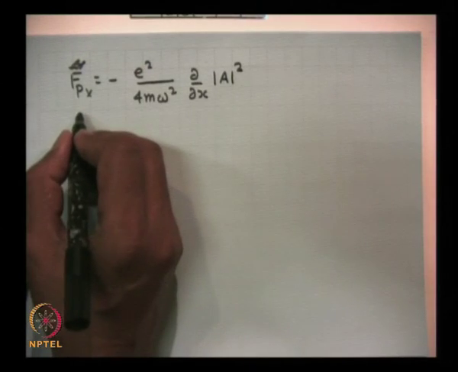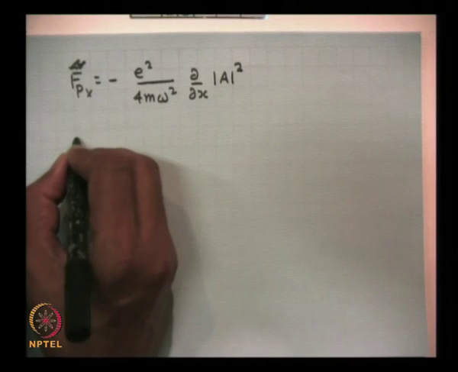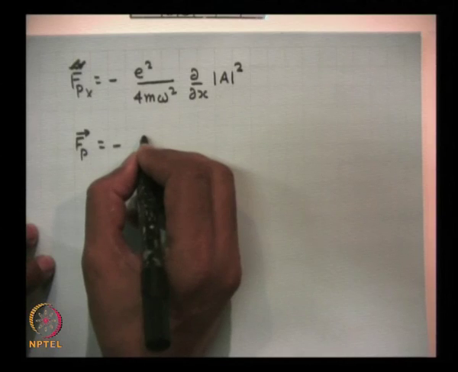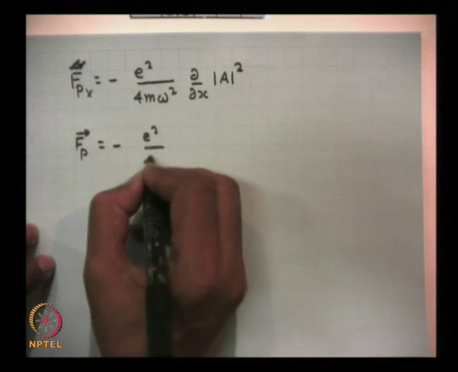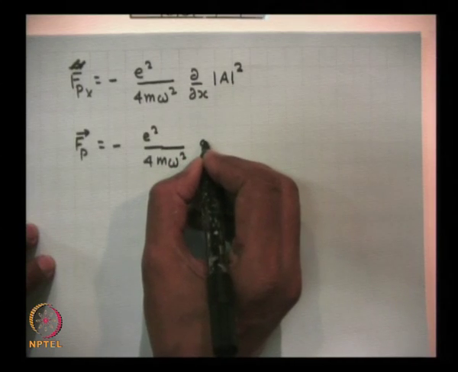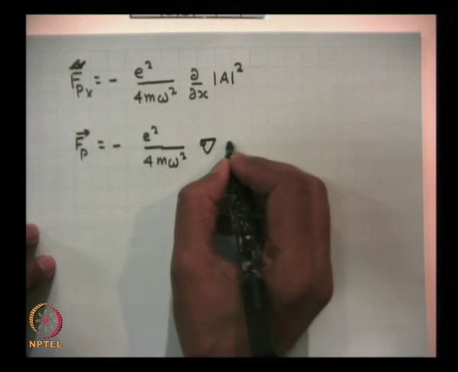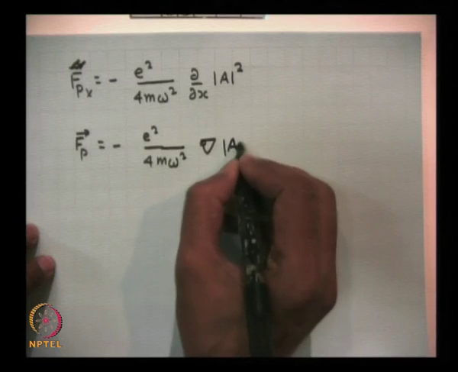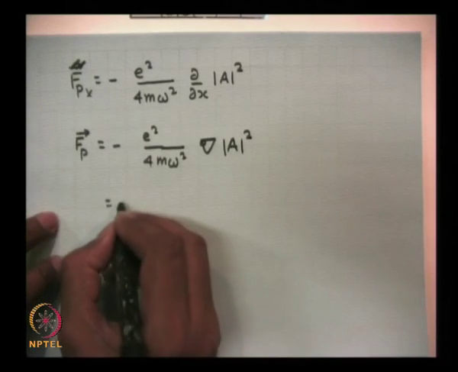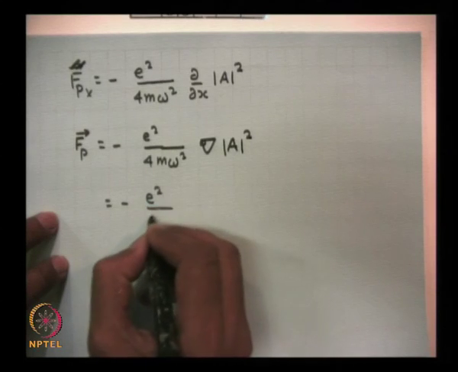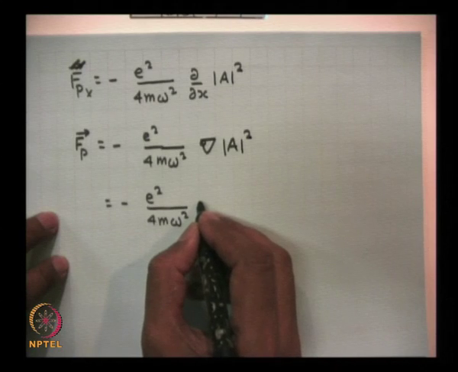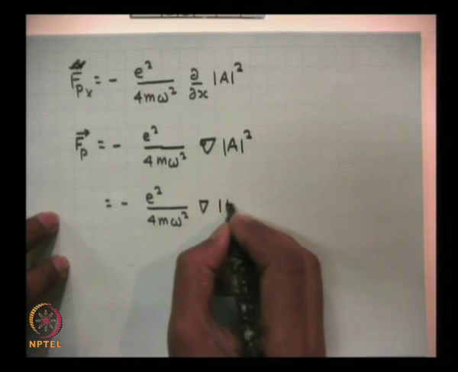Similarly, if you had calculated the y component and z component, then you will write the ponderomotive force vector f_p is equal to minus e square upon 4 m omega square del operator operating over modulus of A square. But modulus of A is the same as modulus of the electric field. So, minus e square upon 4 m omega square gradient of E square.